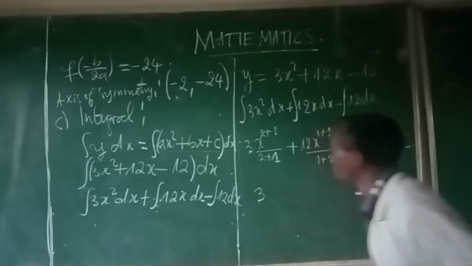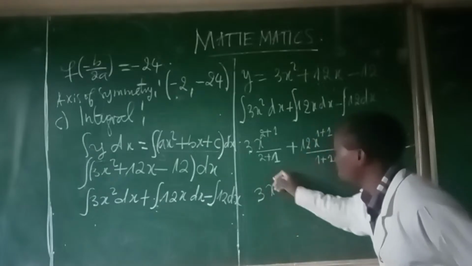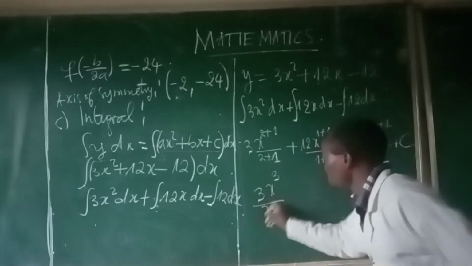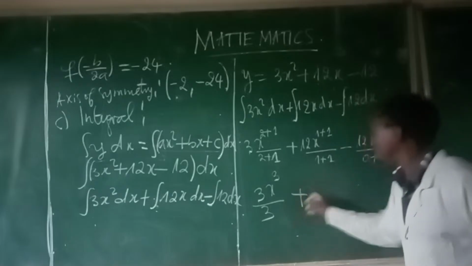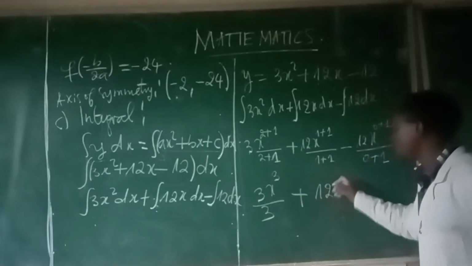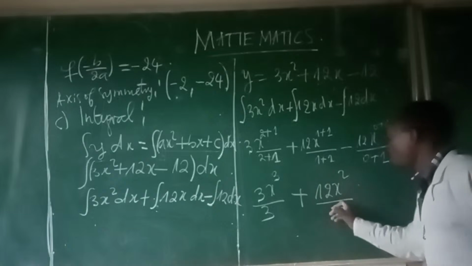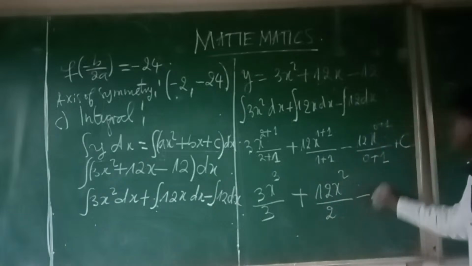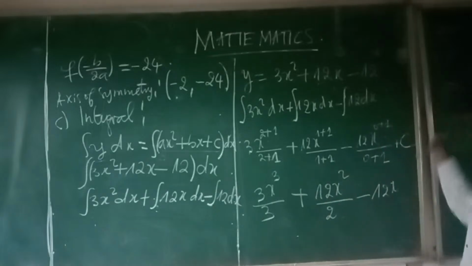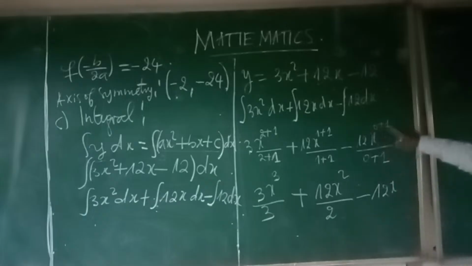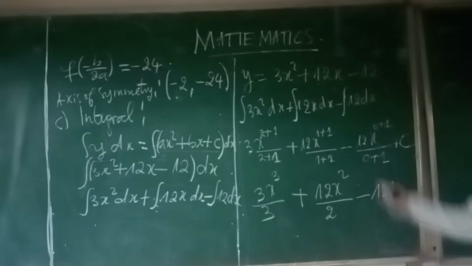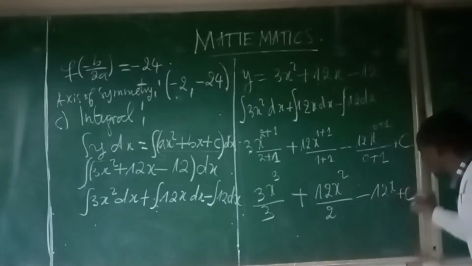It is 3 times x power 3 over 3 plus 12x squared over 2 minus 12x, because 0 plus 1 is equal to 1 and x power 1 is equal to x. 12x over 1 will remain 12x, plus this constant c.